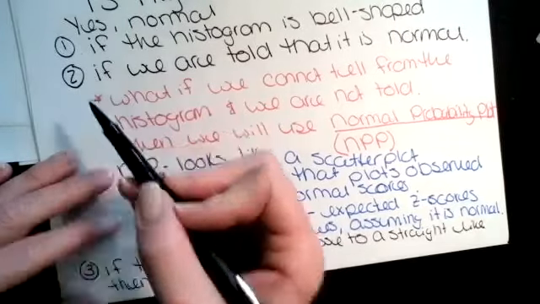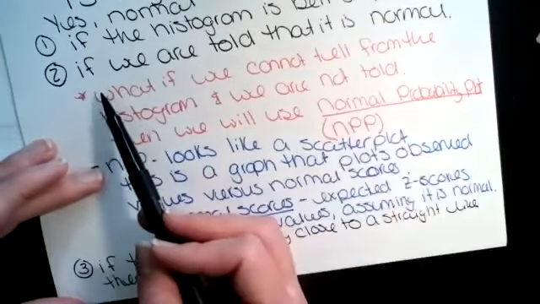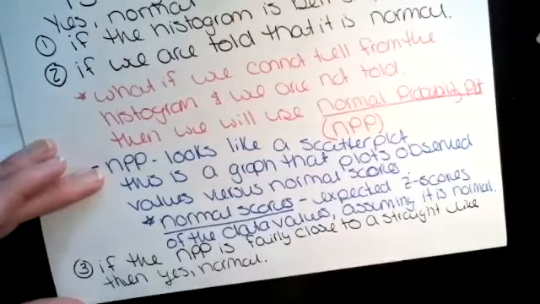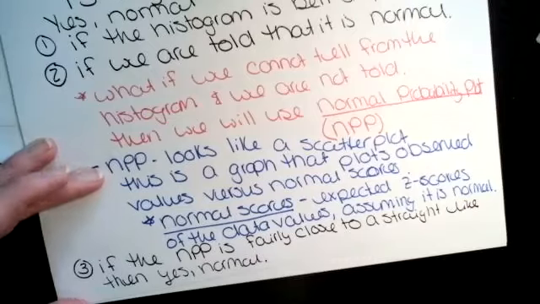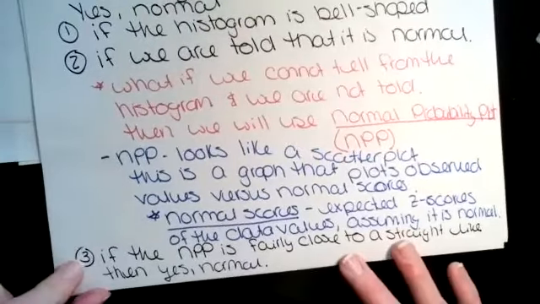So 1, 2, and 3. If the histogram's bell-shaped, or if we're told it's normal, or we could check our NPP and see if it's linear. Like I said, our calculators can do this for us.